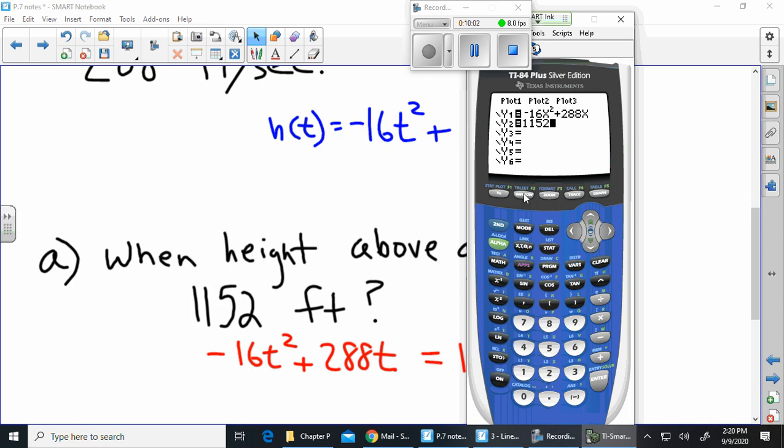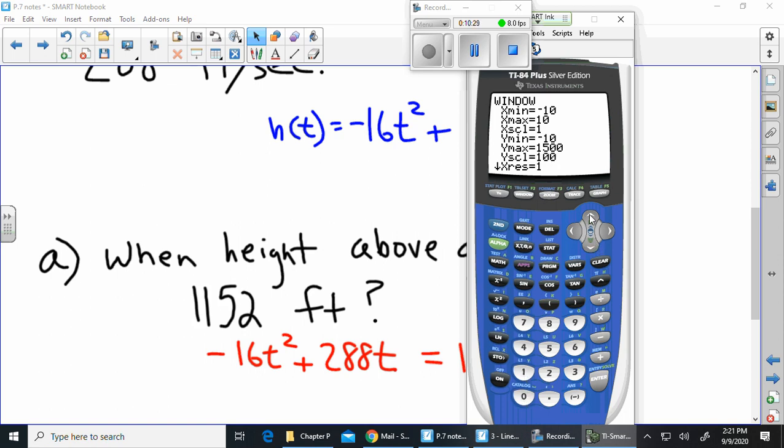Now you have to think of your window because like obviously even at Zoom 6, you're like, I don't see it. Well, you just put in a Y of 1152. So you definitely need your Y max to be like 1500. Now you don't want to go by ones, you would want to go by like hundreds.